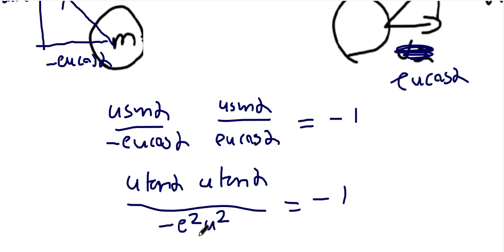Agreed? What happens to the U squared? The cancel culture. Bring the minus E squared and multiply by minus 1. So tan squared alpha equals E squared. Square root both sides.